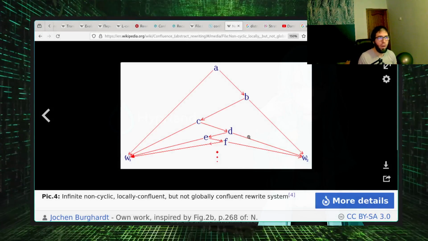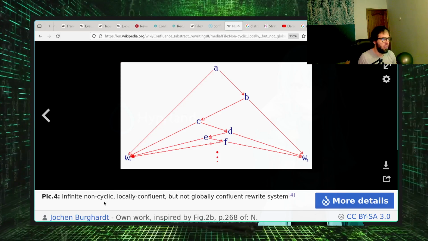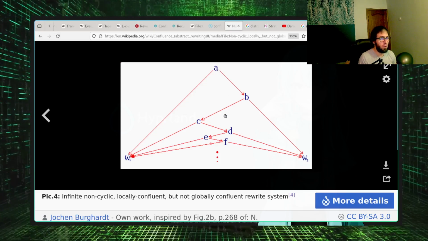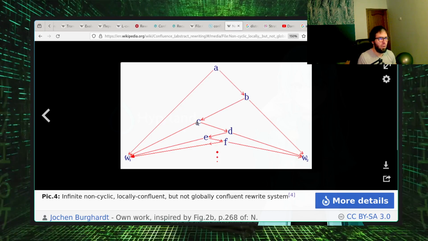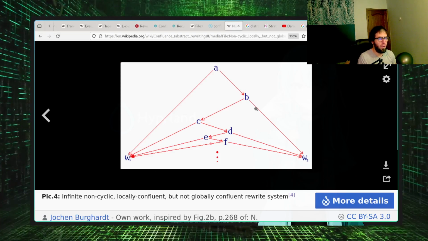And here we have one more example of an infinite non-cyclic, locally confluent but not globally confluent rewriting system. We can see why it satisfies the local confluence property, because if we take every one-arrow path, for example this and this, we can see that they confluence into this point, and so on.